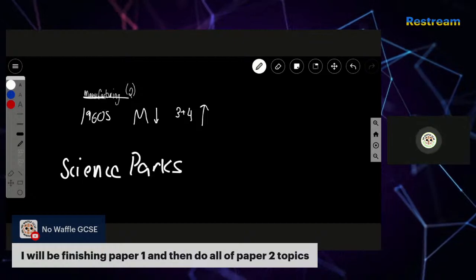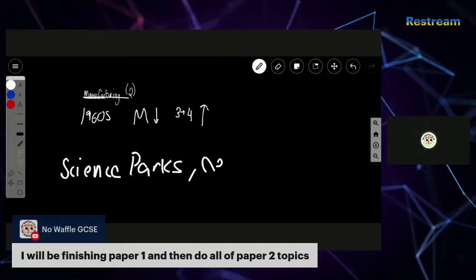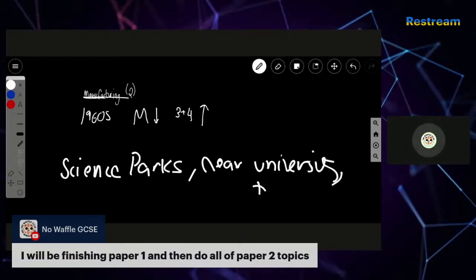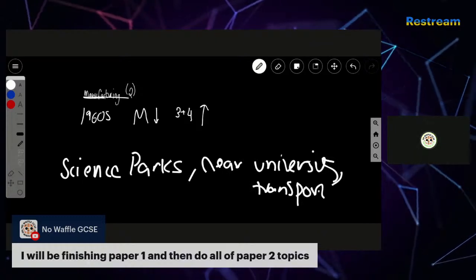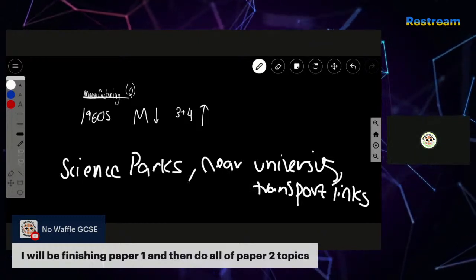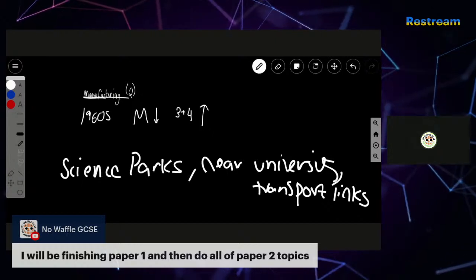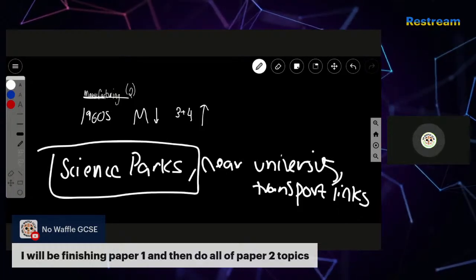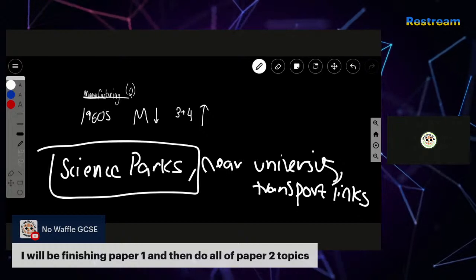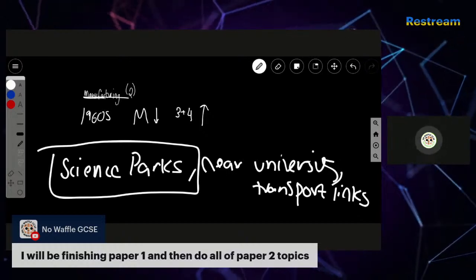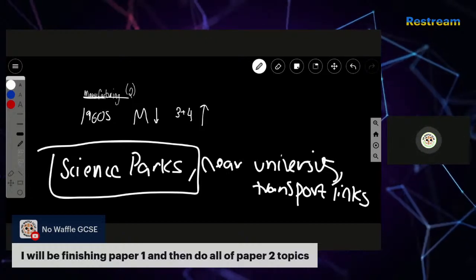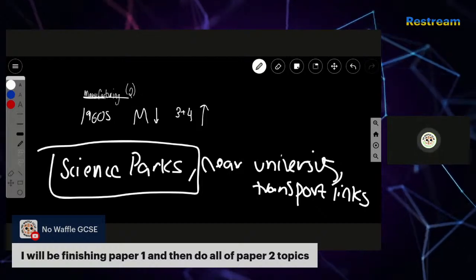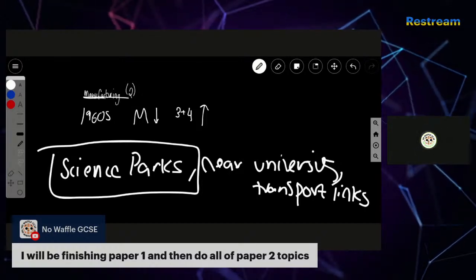They have good transport links and are near universities, and therefore sometimes you will be asked how are science parks adapted to increase the influx of people, and you could say, yep, they're near universities, they've got good transport links, and clusters of related business in one place that can all boost each other up.